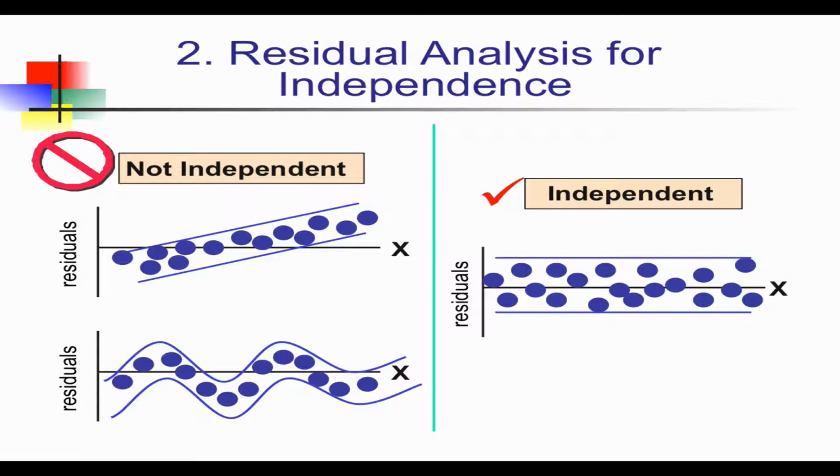Because for time series data, most likely y on this day will impact y on the next day. For instance, if you look at the stock exchange value of an index, if today is increasing, most likely tomorrow is also increasing.